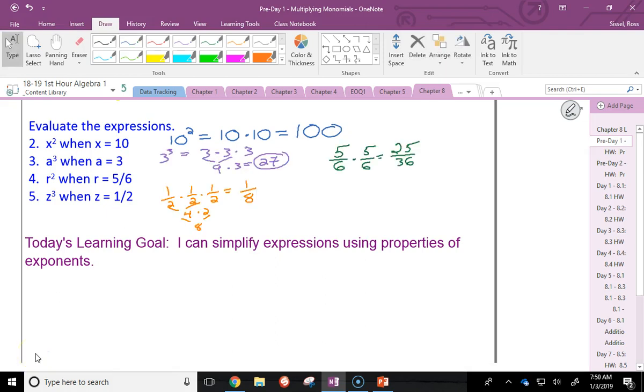Alright, coming back to it, on the second one, a cubed when a equals 3, I know you guys have different ways, and if you're using a calculator, it makes it a lot easier. But I wrote this out as 3 times 3 times 3, personally, so I keep things organized.